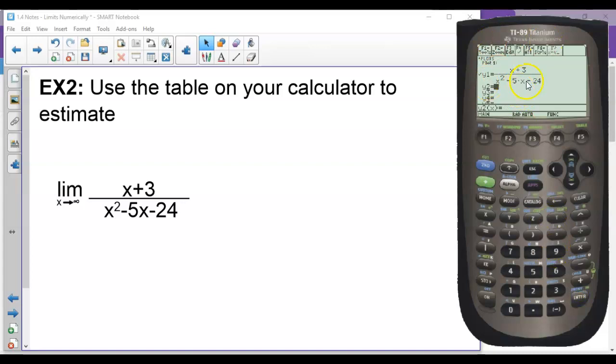Okay, this is what I really love about the TI-89. When you type the equation in, it looks like the math that you see in the problem. It doesn't just look like that string of letters and numbers.